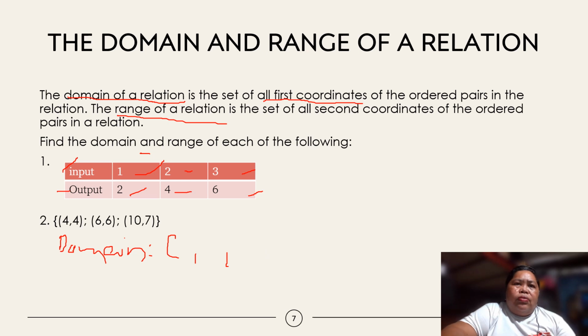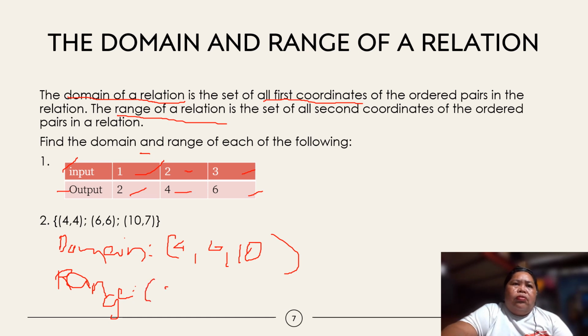We're dealing with the second one, so we have 4, 6, and 10. Okay, this is our domain, and for the range, of course, the y values: 4, 6, and 7.